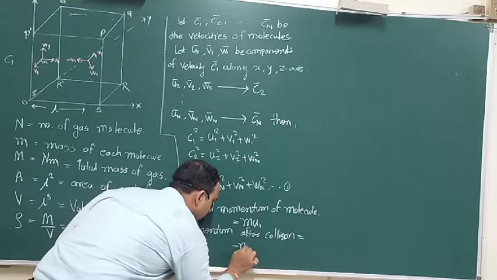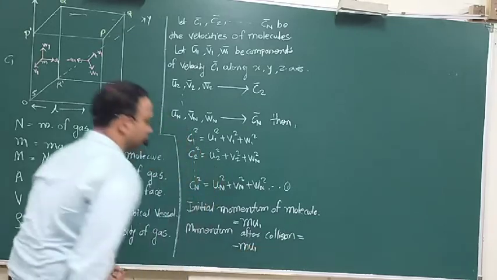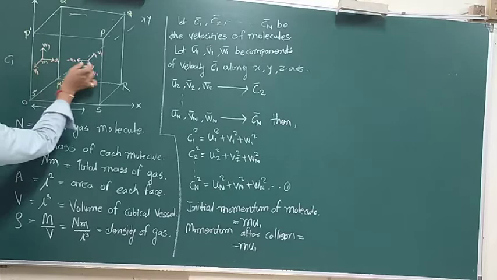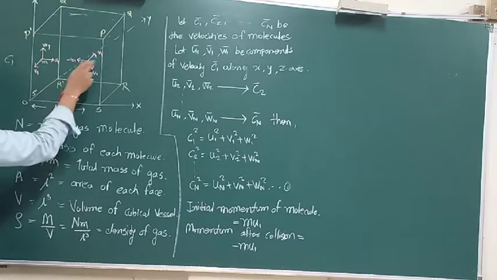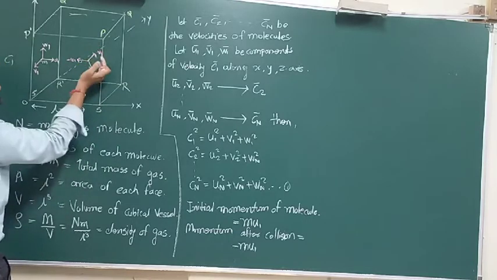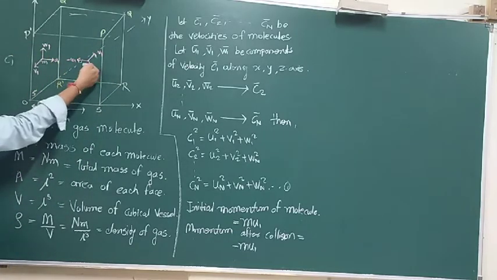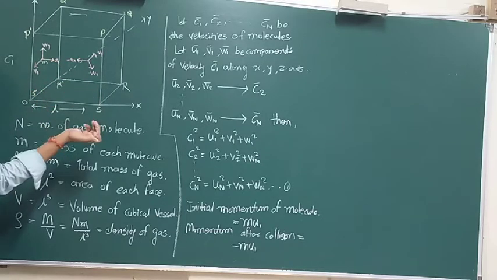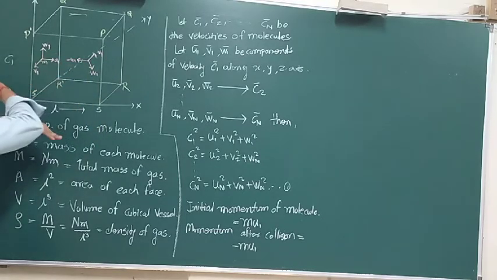After collision the momentum is minus m u1. Why minus? Because the molecule rebounds when it collides with the wall PQRS. The molecule rebounds along the x direction, which means the velocity is negative because it is in the opposite direction.